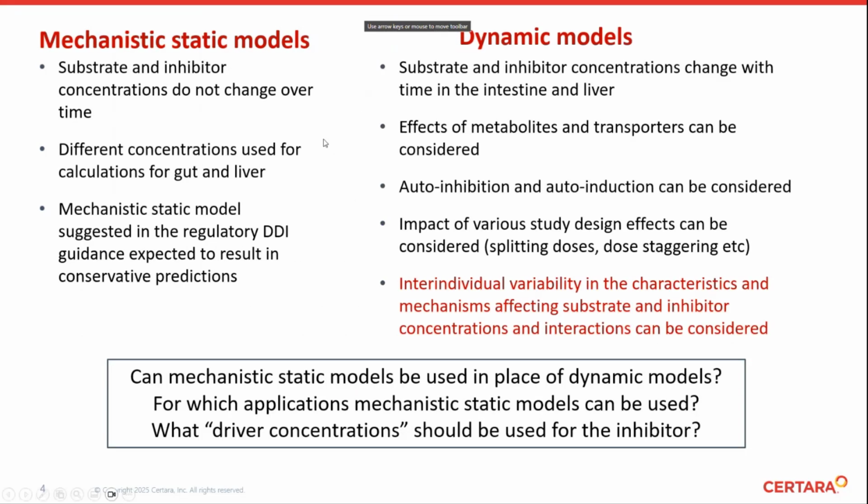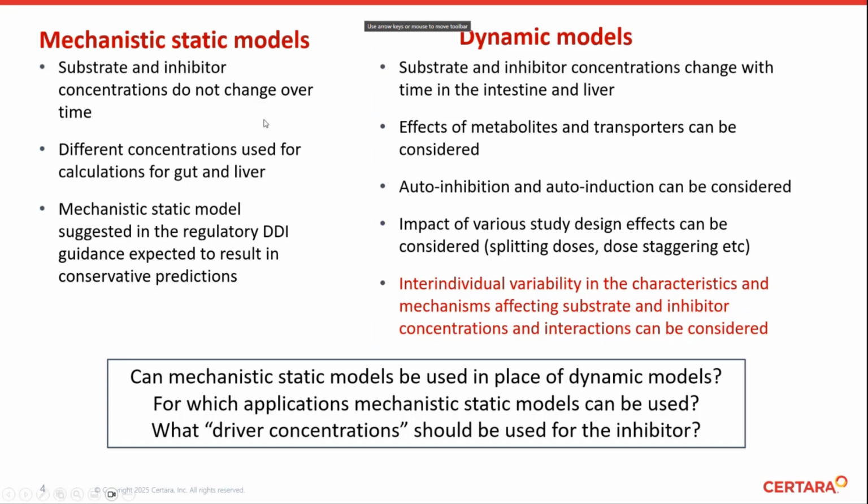For metabolic interactions, two of the key methods for doing these predictions are mechanistic static models and dynamic models. We are addressing these in this webinar and in the publication we worked on.